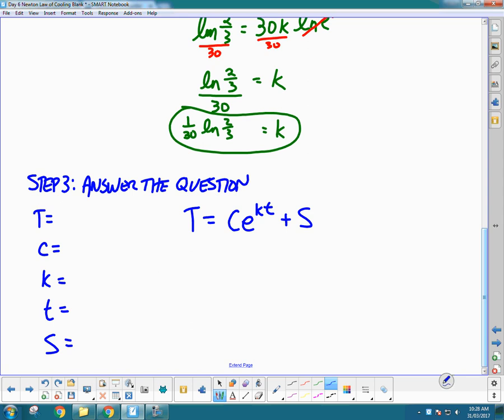So k we just figured out was 1/30th of ln 2/3. c we figured out, and the top part of the question was 30. The question itself told us that s was 20. And then let's just go and remind ourselves what the question was.